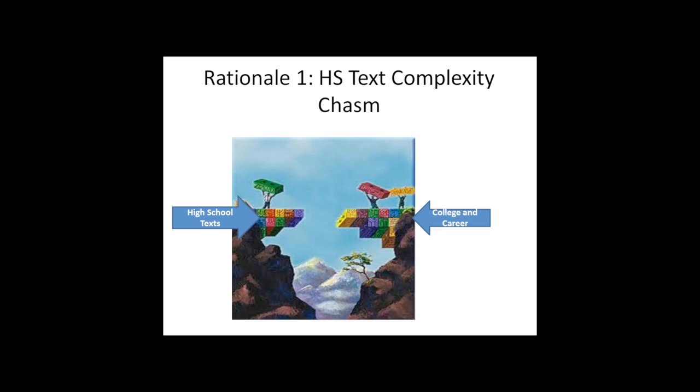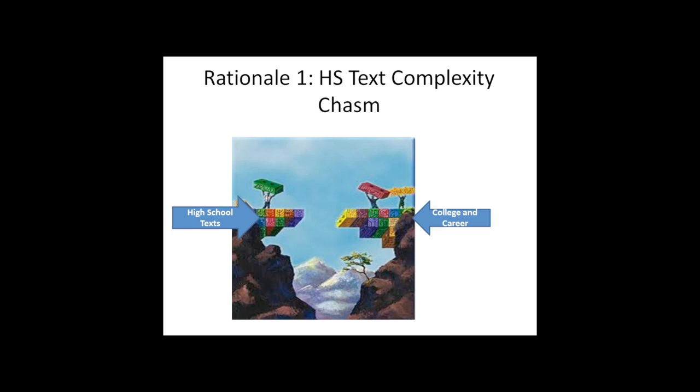The one thing that's important for people to know, especially if you go back and read that Appendix A, is that one of the primary reasons given for adjusting the text parameters up is because there was a very influential study done by ACT that found what I call a text complexity chasm. There was a significant difference between what kids were being exposed to in high school and what they were being required to read for college and career.